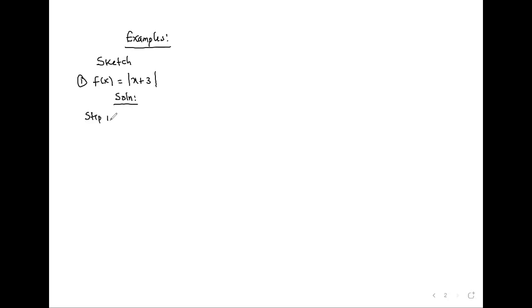Step 1: find the starting point by equating the inner part of the modulus to 0.